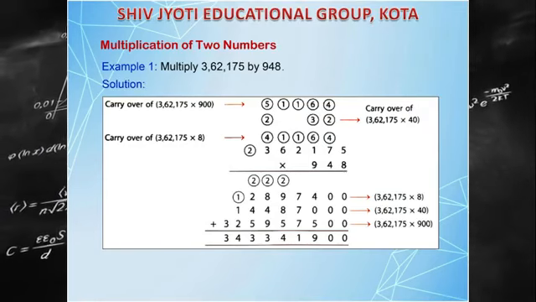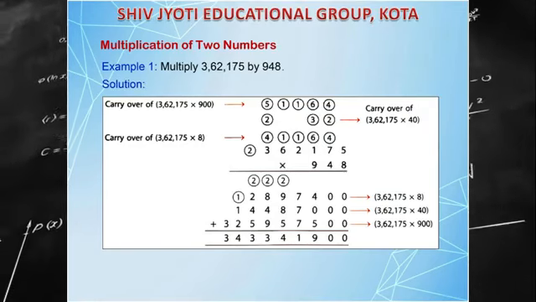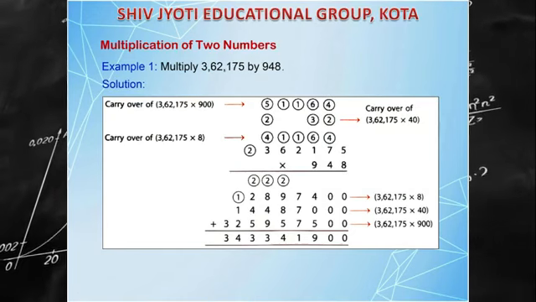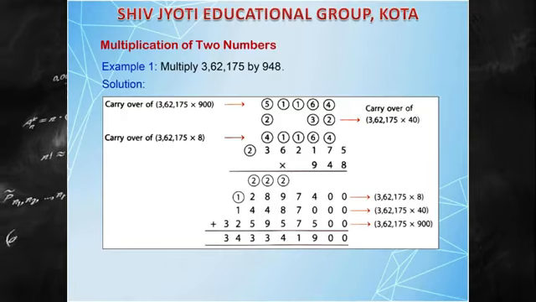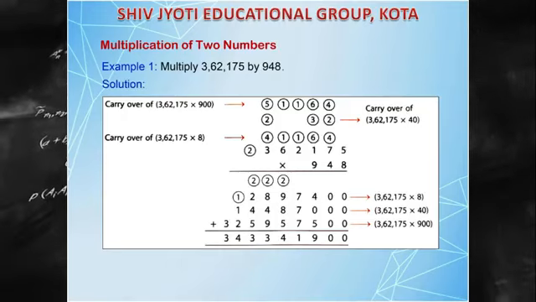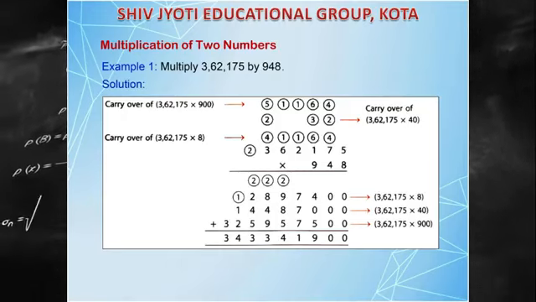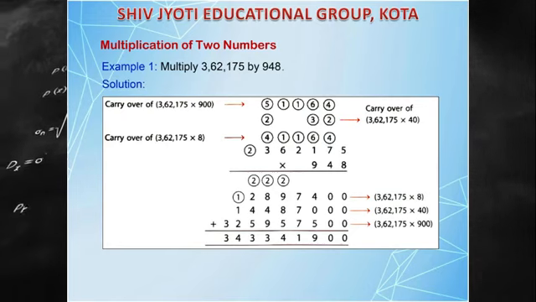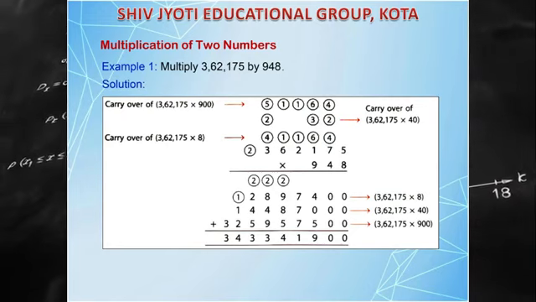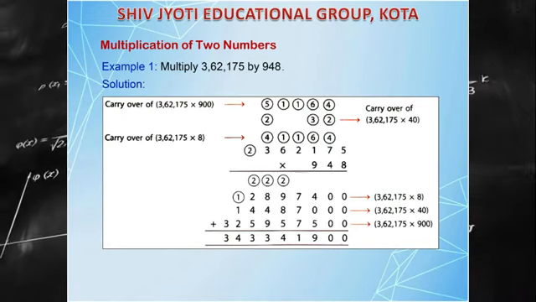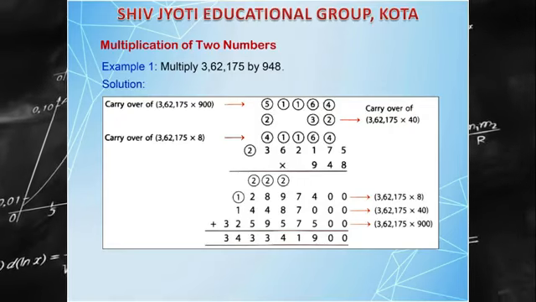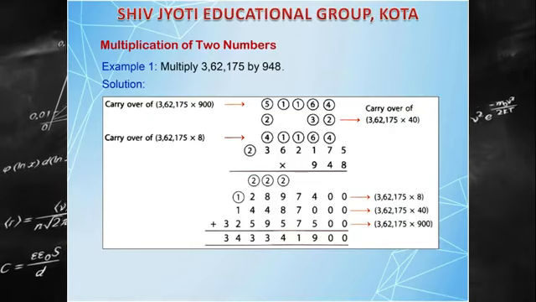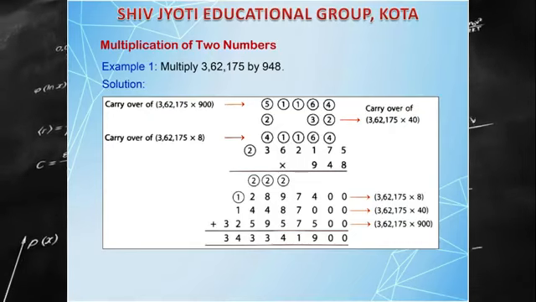over. Next, 8 multiplied by 1 is 8 plus 6 is 14. So 4 is written here and 1 goes in the carryover. Now 8 multiplied by 2 is 16 and plus 1 is 17. So 7 is written here and 1 goes in the carryover. Next 8 multiplied by 6 is 56 and plus 1 is 57.